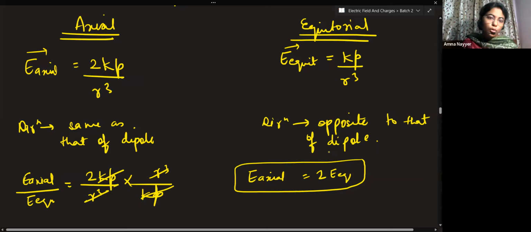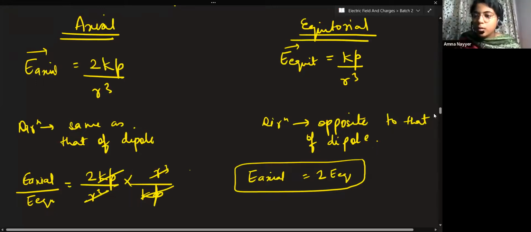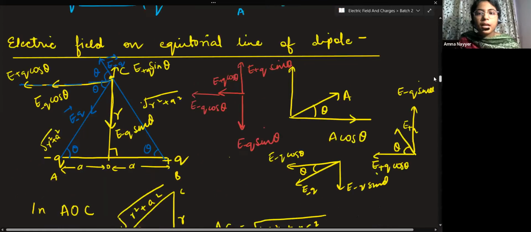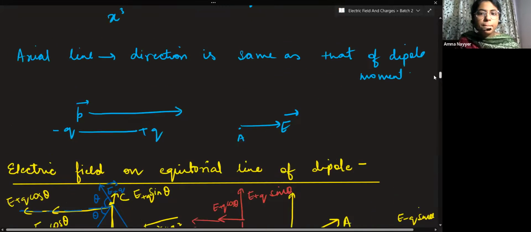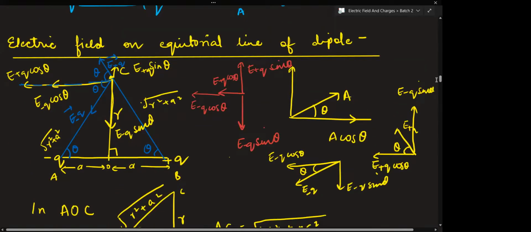Is this clear to all of you now? Yes, ma'am. All right. So just note down the points of equatorial line as well. Axial you all have written, no? Yes, ma'am. Okay.